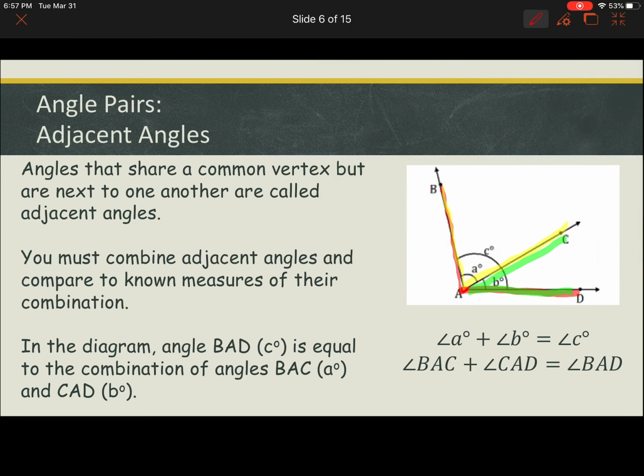So again, our equations are going to be angle A plus angle B equals angle C. And then using the other notation, we have BAC plus CAD equals BAD.